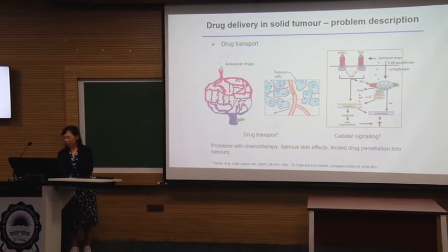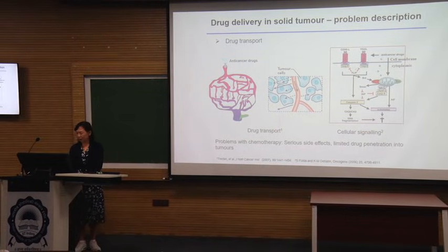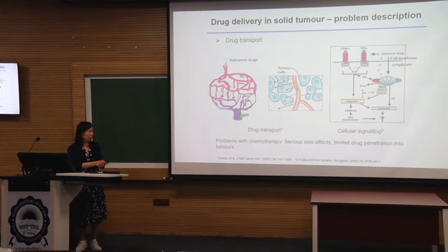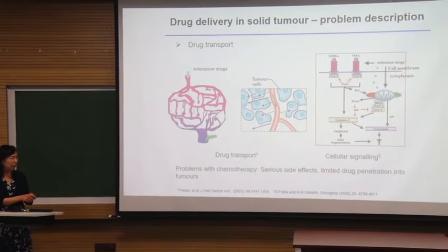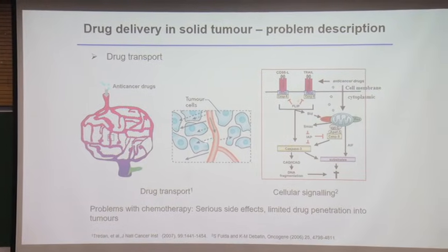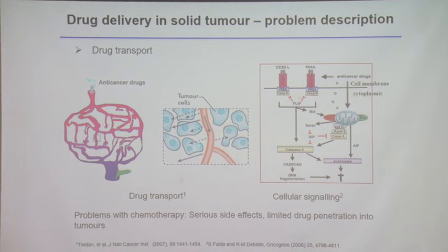And then we need to look at the tissues around the microvasculature, the figure in the middle, where these are the tumor cells, and we need to look at how the drugs carried within the blood through the blood vessels can transport across the vessel cells into the tissue and then reach the tumor cell and exert the effect.